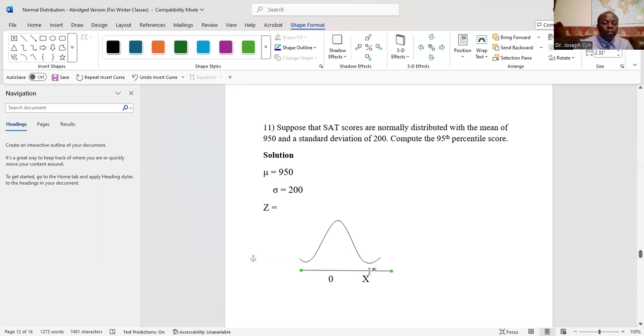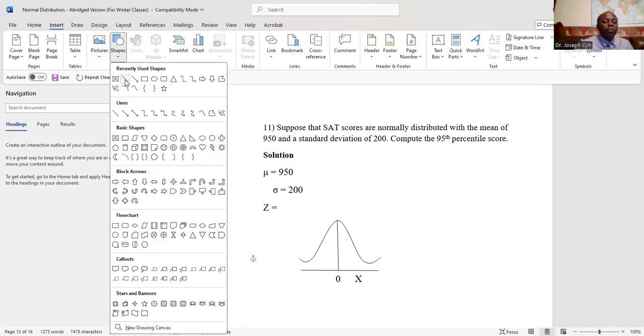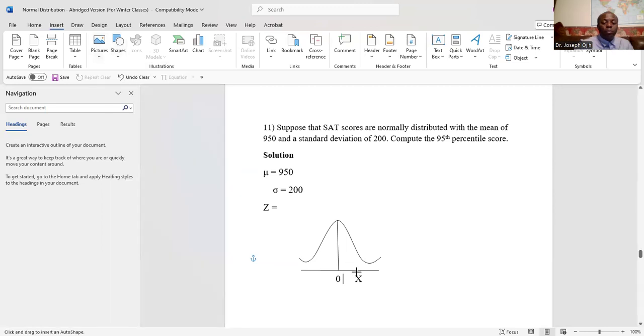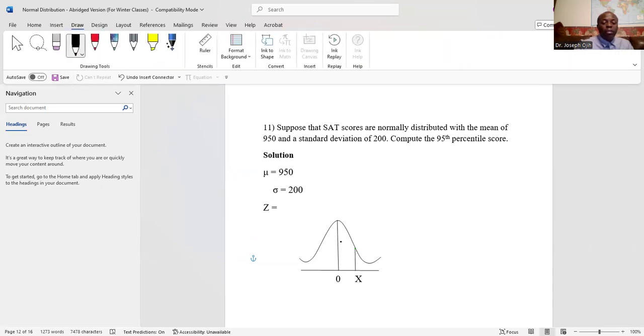Now you put the center line, and then the line that represents the Z here.